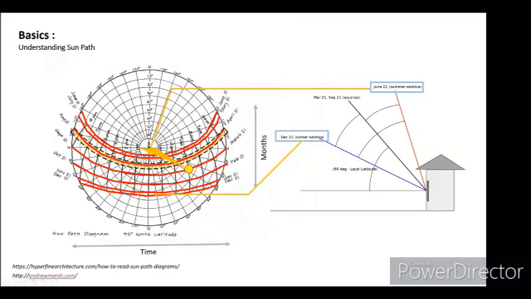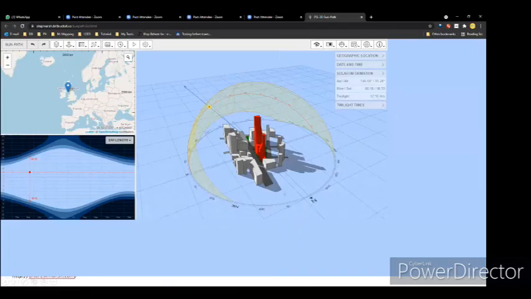But this is something we always see in a two-dimensional aspect. There is an amazing guy called Andrew Marsh, who has created multiple open source tools, for example something like this, which gives you a much better idea of how a sun path works.